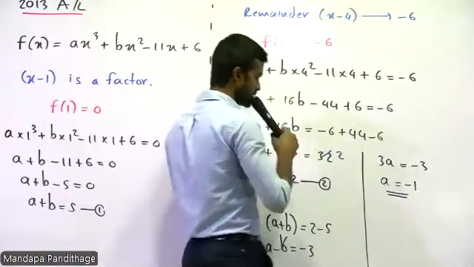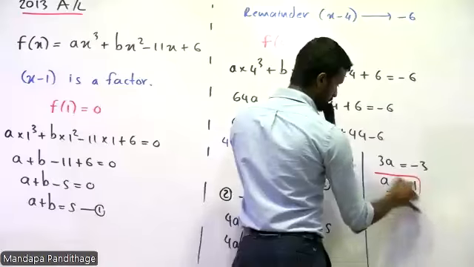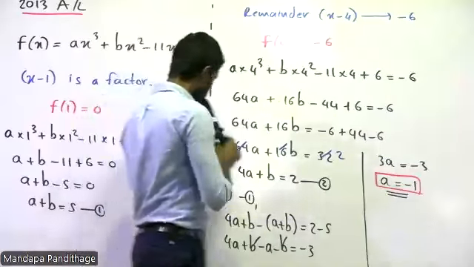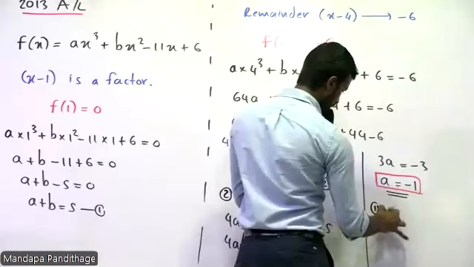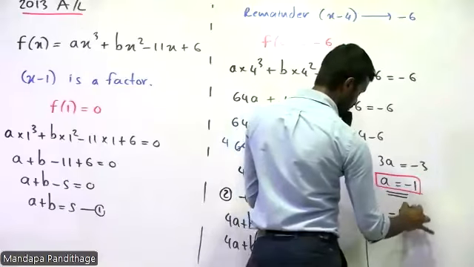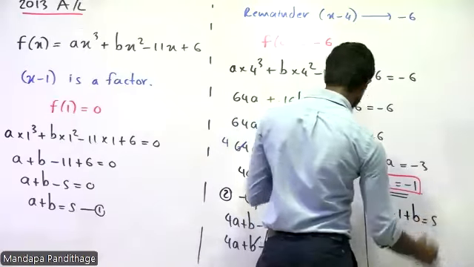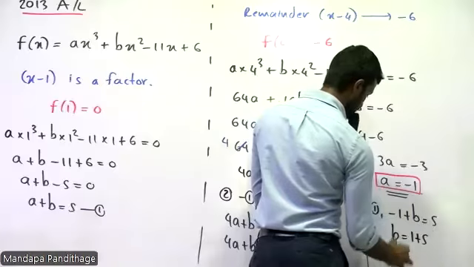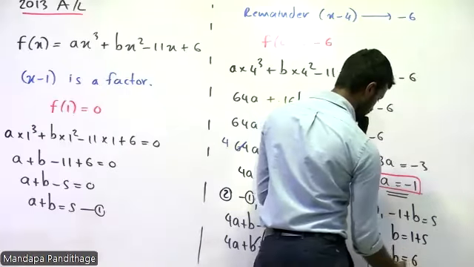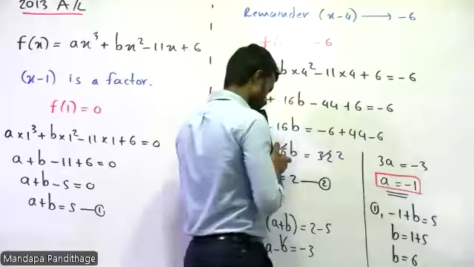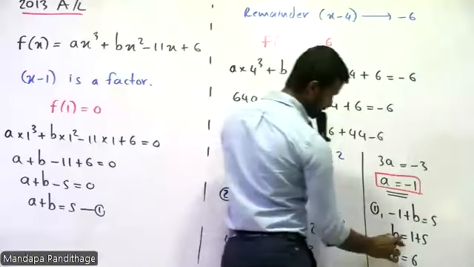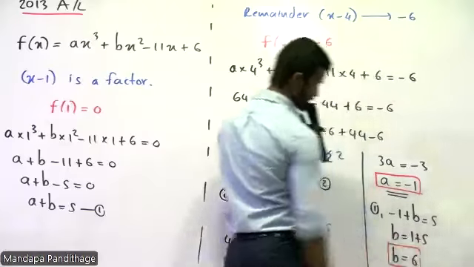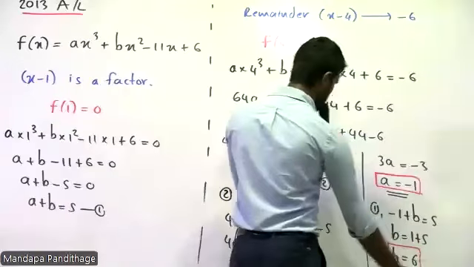I'm getting one answer that a is equal to minus 1. And then when you substitute to the first one, a is minus 1 plus b is equal to 5. b is equal to 1 plus 5, which means b is equal to 6. So in the 2013 question, if you have considered these two correctly, you're supposed to get a equals minus 1 and b equals 6.